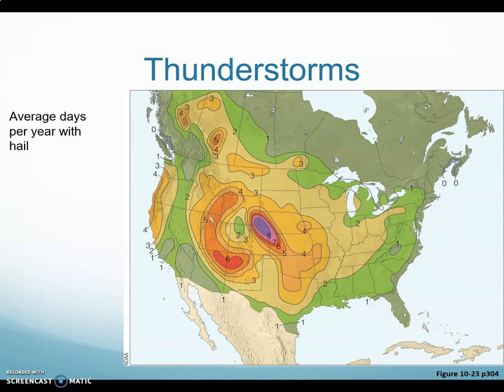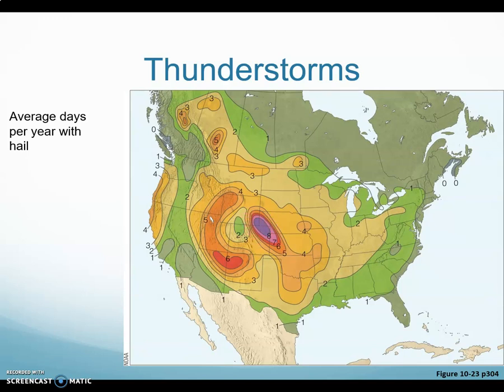In fact, I've lived here in Florida for 8 years, and I can count on half a hand the number of times I've seen hail here in Florida, once or twice. So we really don't get that much here in Florida. And yet, we get a lot of hail in the Great Plains.